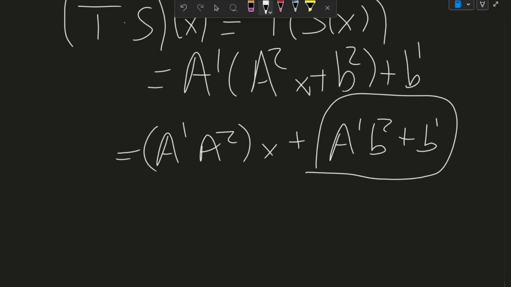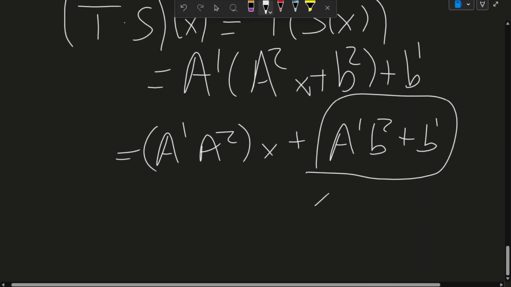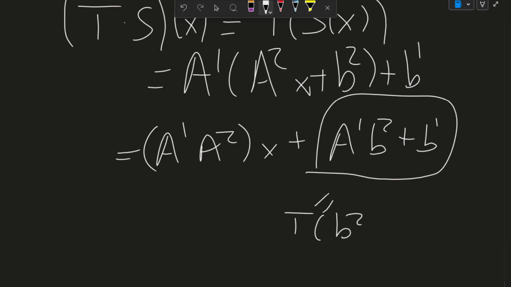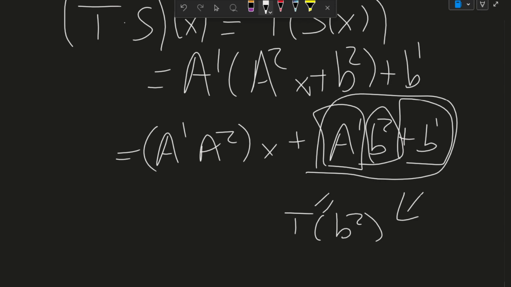This little part at the end, A1 times b2 plus b1, is exactly the definition of T applied to b2. So really all we've done is multiply the linear parts, and then apply T to the constant part.